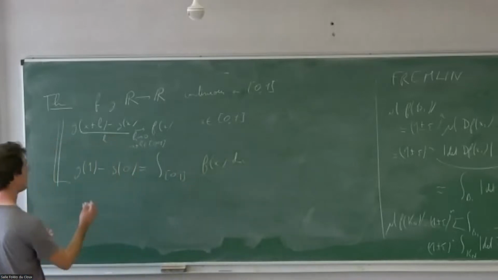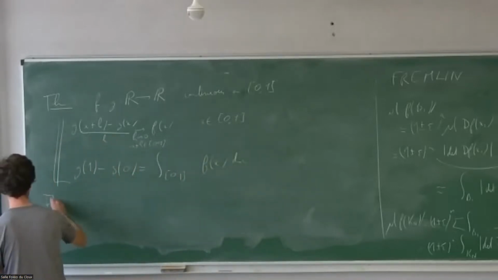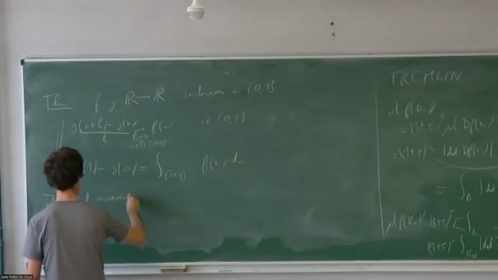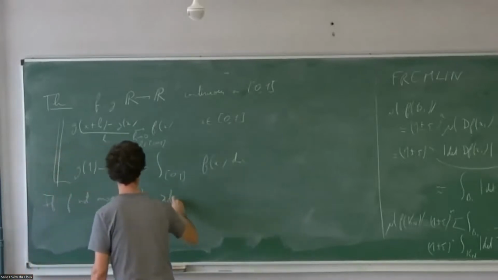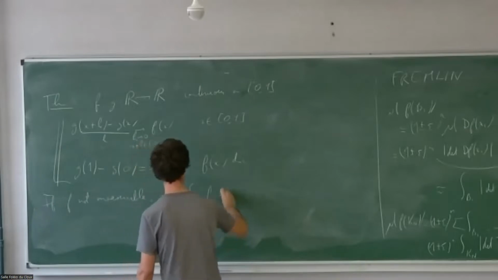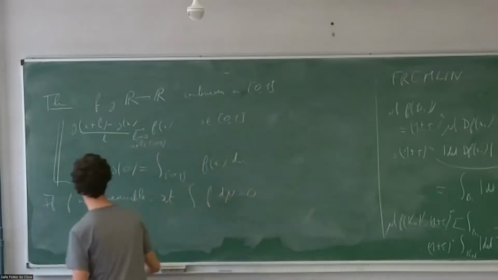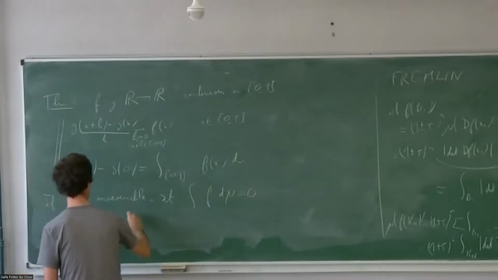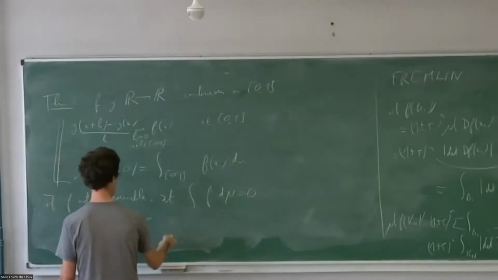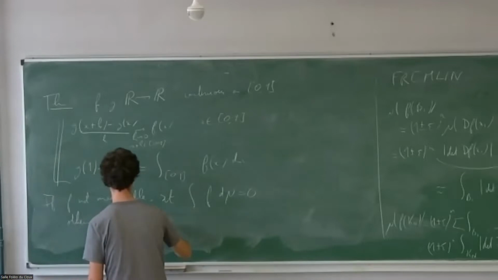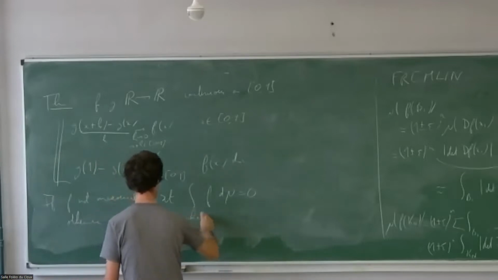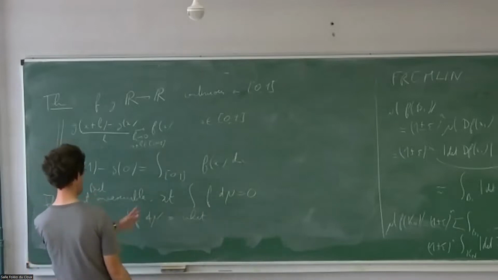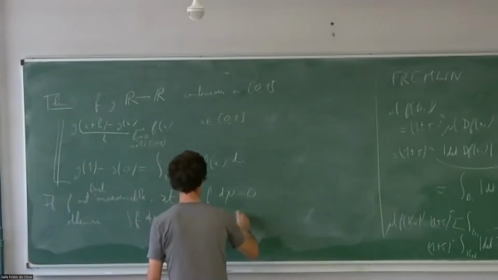And so what we decided is that if f is not measurable, set the integral of f dμ equal to 0. Otherwise, set the integral of f to be what it should be. Measurable in Borel, yes, of course. That was our first definition.